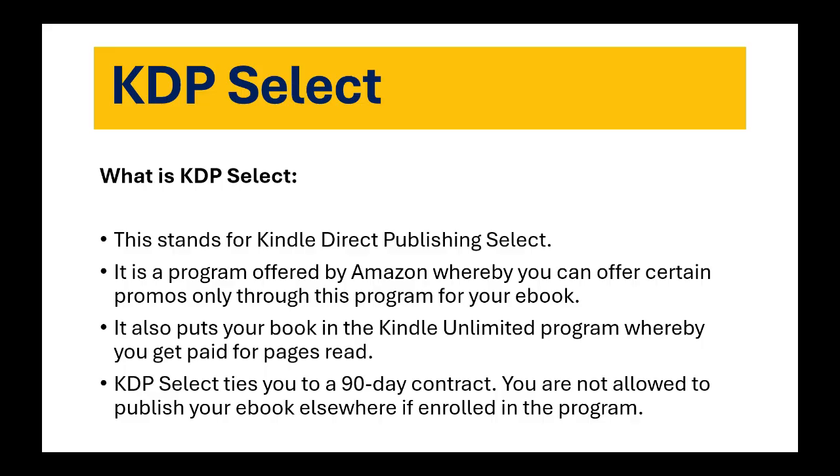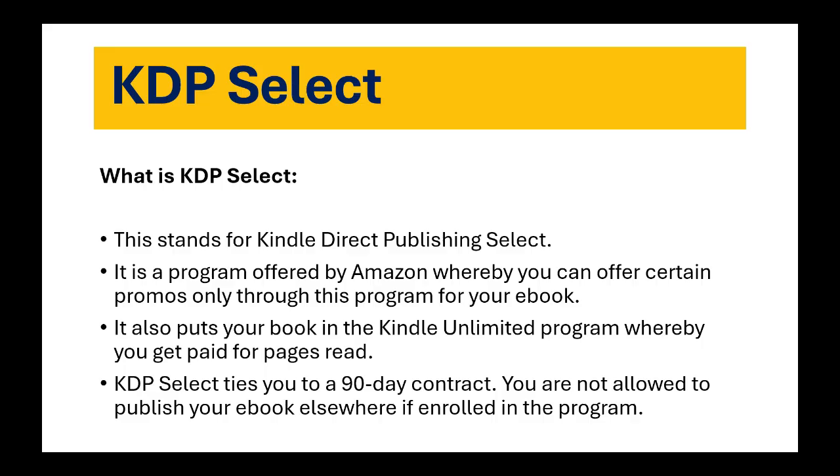But what you need to know is if you are enrolled in the KDP Select program, it ties you to Amazon for a 90-day contract, and that automatically renews every 90 days unless you go out there and unselect the program. So you have to remember to do that piece or you're going to automatically be re-enrolled every 90 days.